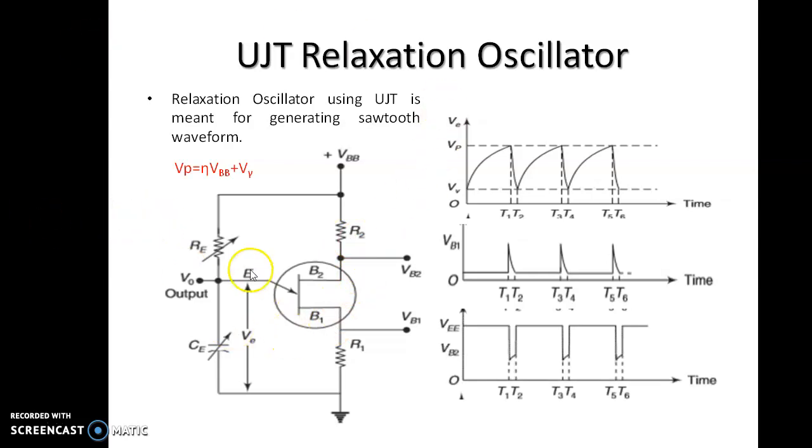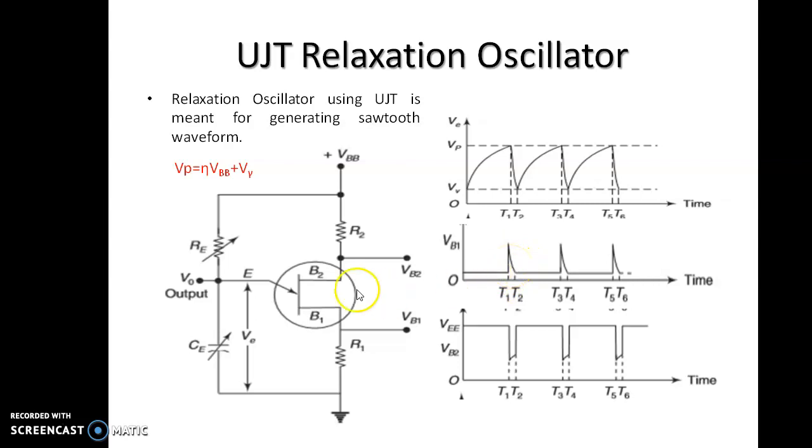That is, when the capacitor voltage reaches the peak point voltage, it turns on and starts to discharge. When it turns on, due to that sudden surge of current through R1, these positive spikes are produced.